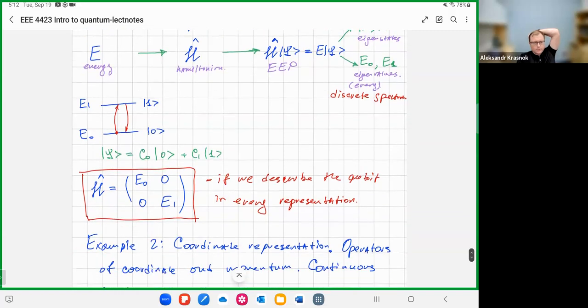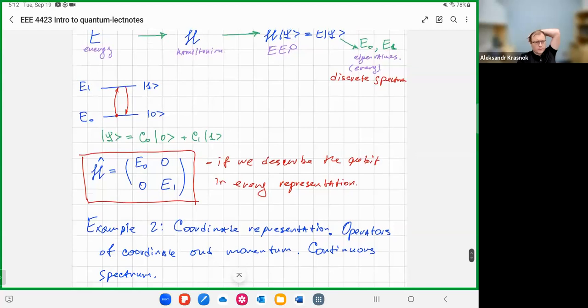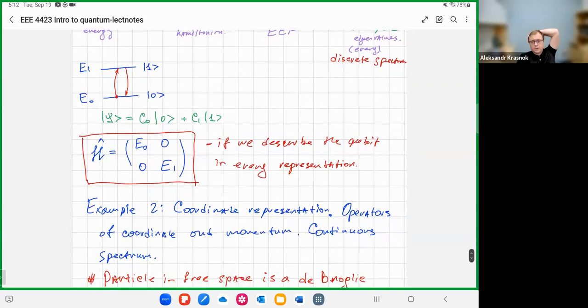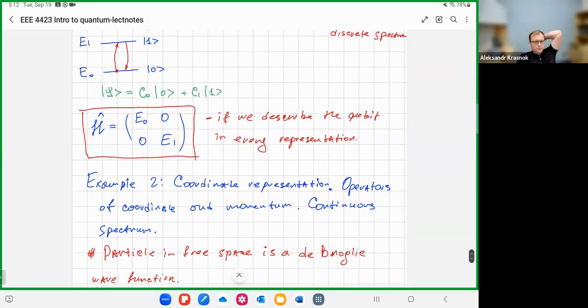Solving this problem, we can find the energy levels, for example, 0 and 1, and the corresponding solution for the qubit will be probability amplitude C0 times the eigenstate 0 plus probability amplitude C1 times the corresponding eigenstate 1.